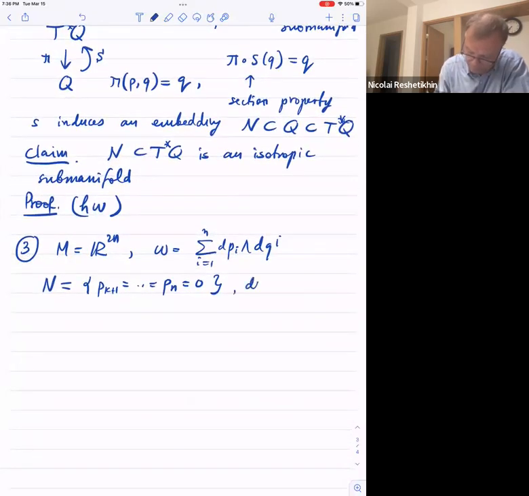So the dimension of N is n plus k, and I claim N is coisotropic.